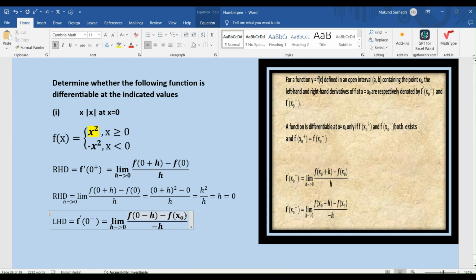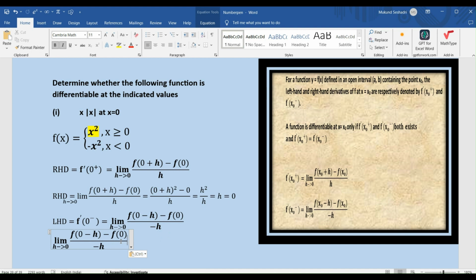So I can comfortably replace x naught equals 0, and then I will have to consider which equation I need to apply when x naught takes a value 0, but this time it is x naught minus, right?